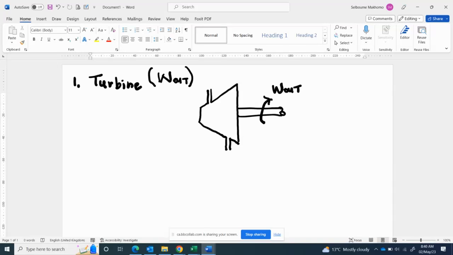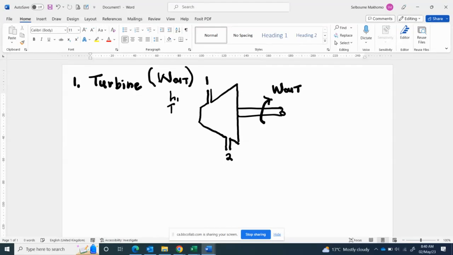Everything is in kilojoules per kilogram because everything now is specific. So point number 1 here is the inlet, and point number 2 is the outlet. At point number 1 we have the following properties. The first one is enthalpy at the inlet.